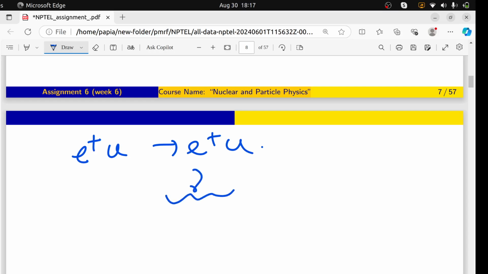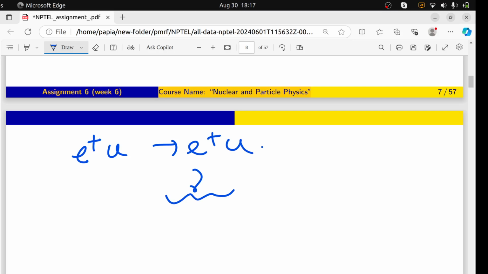Gamma does not have any charge, so whatever the initial particle was, that will be the same as the final particle, otherwise gamma will not be the mediator. So gamma can be a mediator for this, but we have to check by drawing the Feynman diagram. One more thing is that gamma only interacts with charged particles.